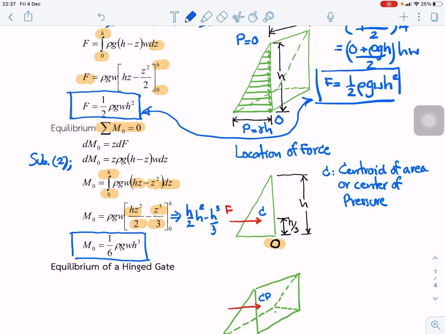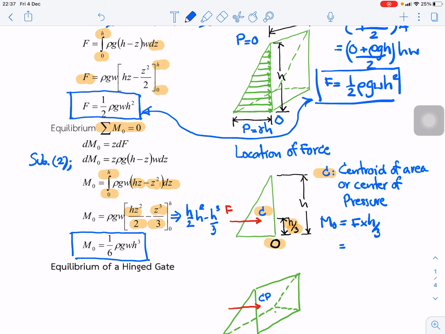Another way we can find this is by using the prism or triangle. For example, we know the location of the force. If we know the centroid is at some point here, and the height of the centroid is 1/3 of the height of the triangle, we can find the moment. The moment around point O is equal to F times H over 3.